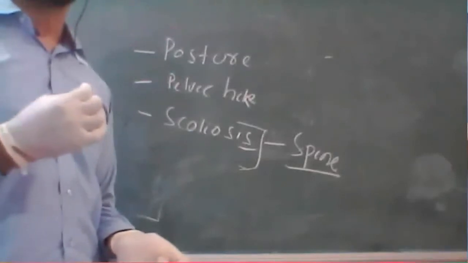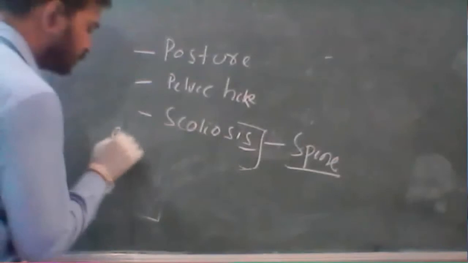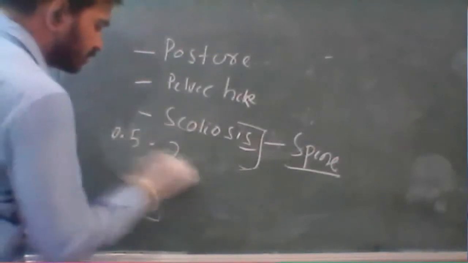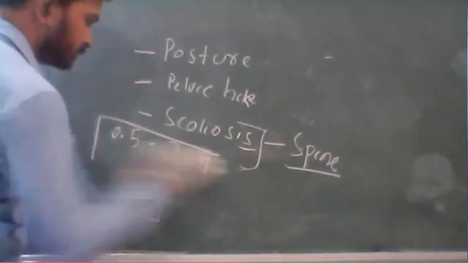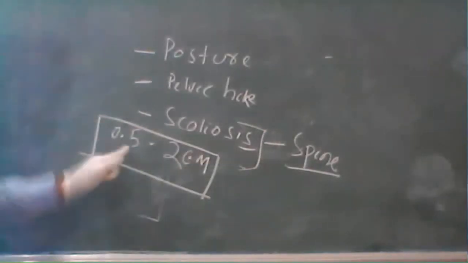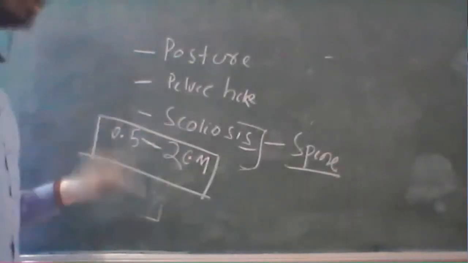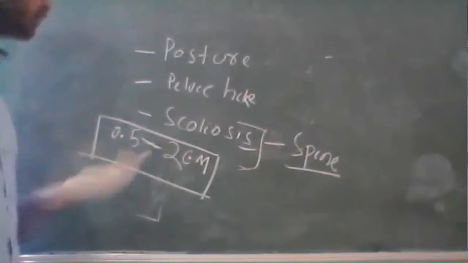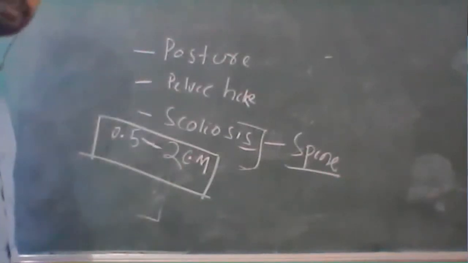How much shortening? 0.5 to 2 centimeter is normal. If you measure in my case also, you may find 0.5 centimeter of shortening. You will compare the left side as well as the right side. Structural shortening I am telling.